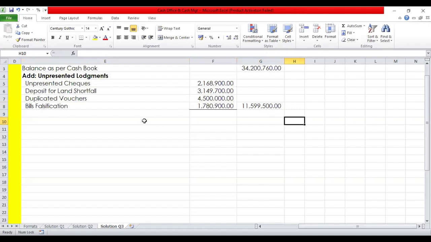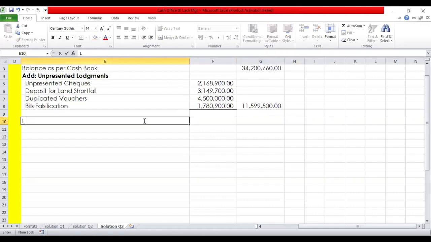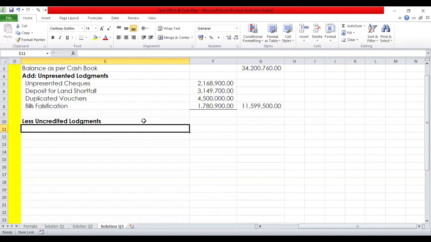Then we also go back to less uncredited lodgements. What are the uncredited lodgements we have?